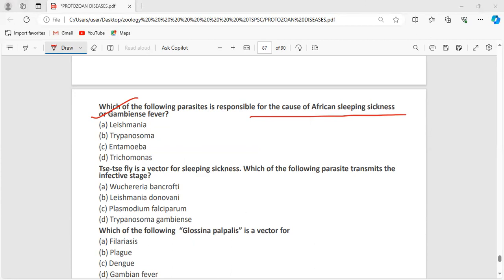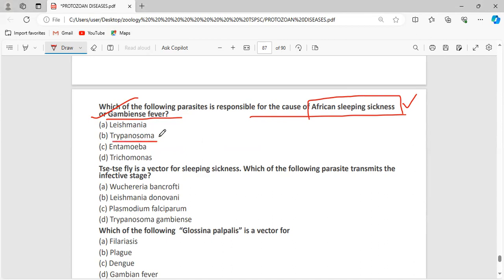See how the question has been asked. To answer this question, you have to know the name of the parasite which causes these diseases. As I have said, when we read any disease, the first thing you have to read is which causative agent or pathogen causes this type of disease. So the name of the disease is also very important. Common name, Gambian fever. We have read this as African sleeping sickness.